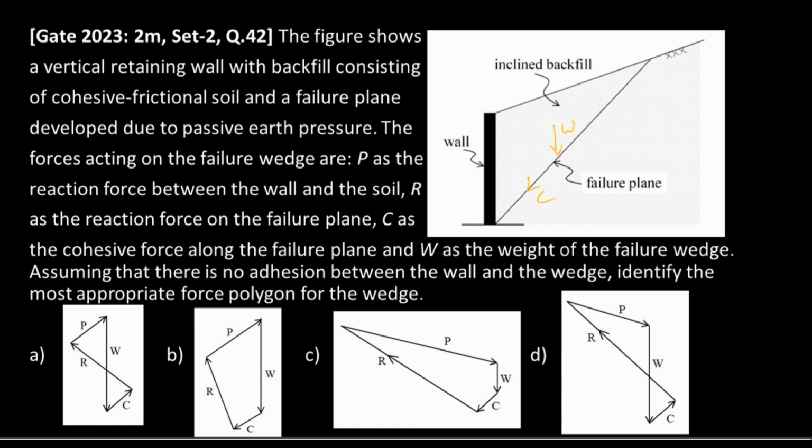So the reaction force by the wall will be given in this direction, that is P, and the reaction force on the failure plane will be given by this one, R. So if you see the options, option C is the right answer.